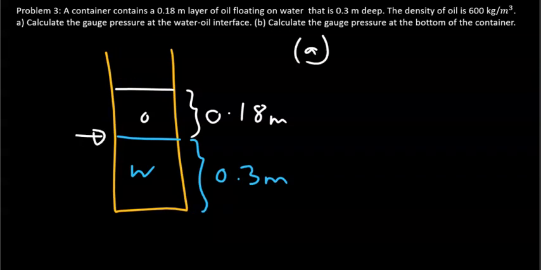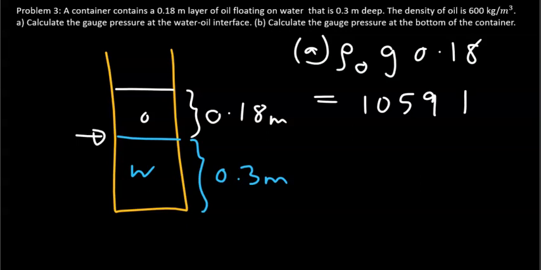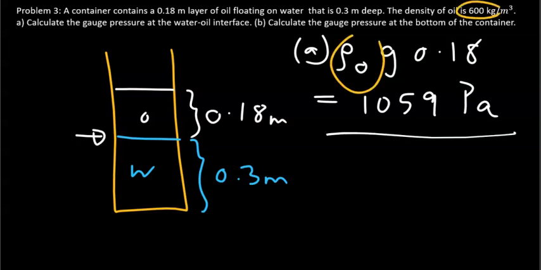So the pressure there is simple. The gauge pressure is given by the density of oil times gravity times 0.18 meters. And when you do the sum, you will get 1,059 Pascal. Keep in mind, density of oil is 600, G is 9.81.